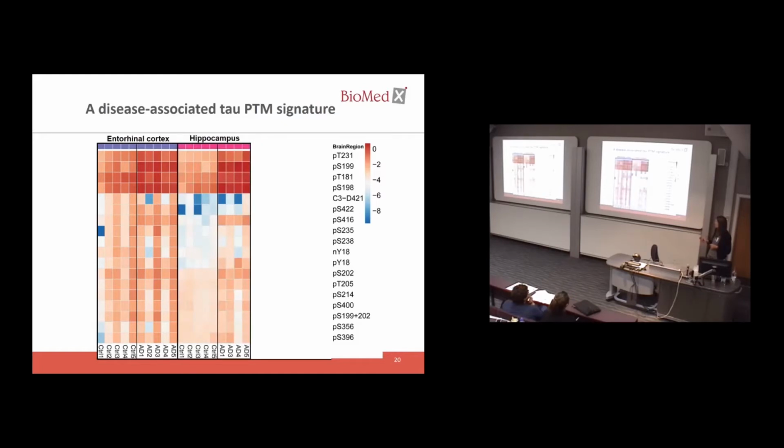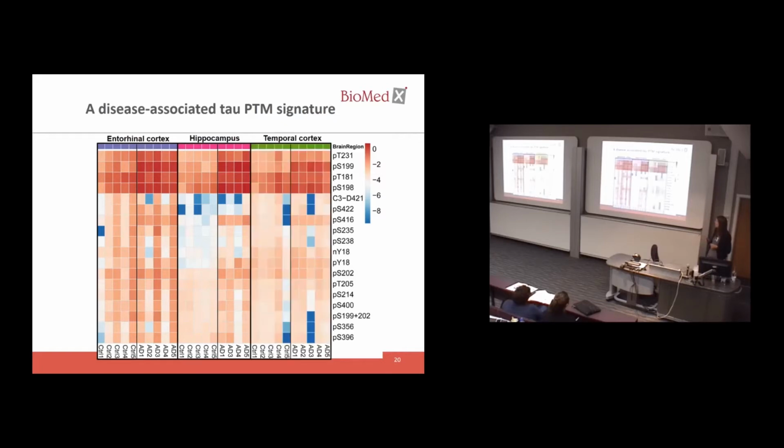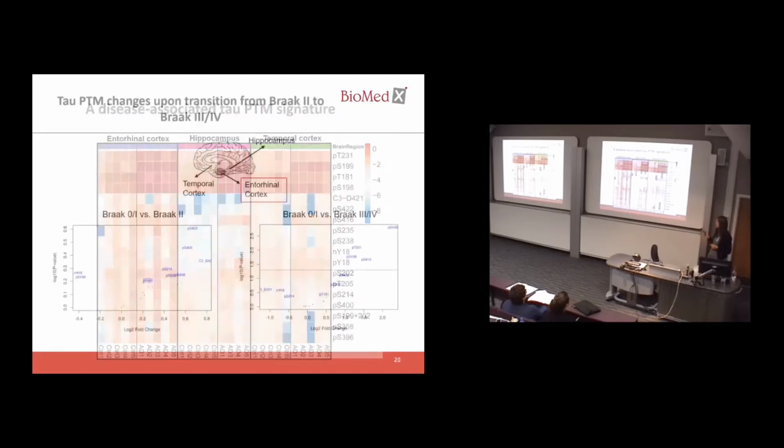What was really striking to us is that, especially in the hippocampus, you get a very strong separation in many PTMs between Alzheimer's and controls. And in the temporal cortex, the pattern sometimes continues, so you sometimes still see differences between Alzheimer's and controls, but it's not as strong as in the hippocampus.